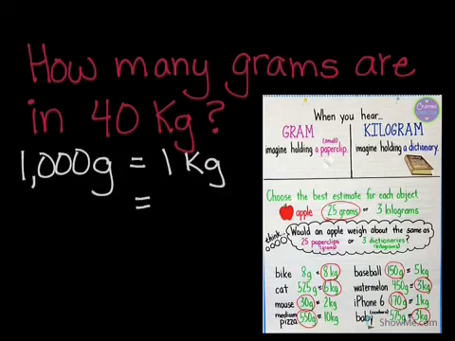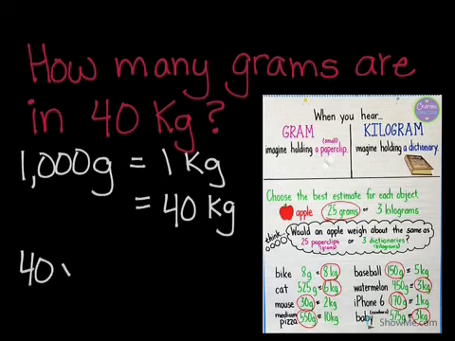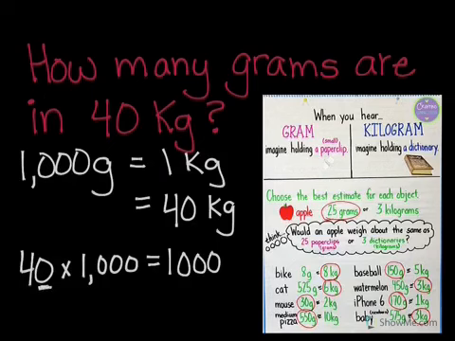So if I have 40 kilograms, for each of my kilograms, I have 1,000 grams. So I'm going to multiply. So 40 times 1,000. Well, I know I'm multiplying by 40, which happens to have a 0. Oops, why did I put a 1?